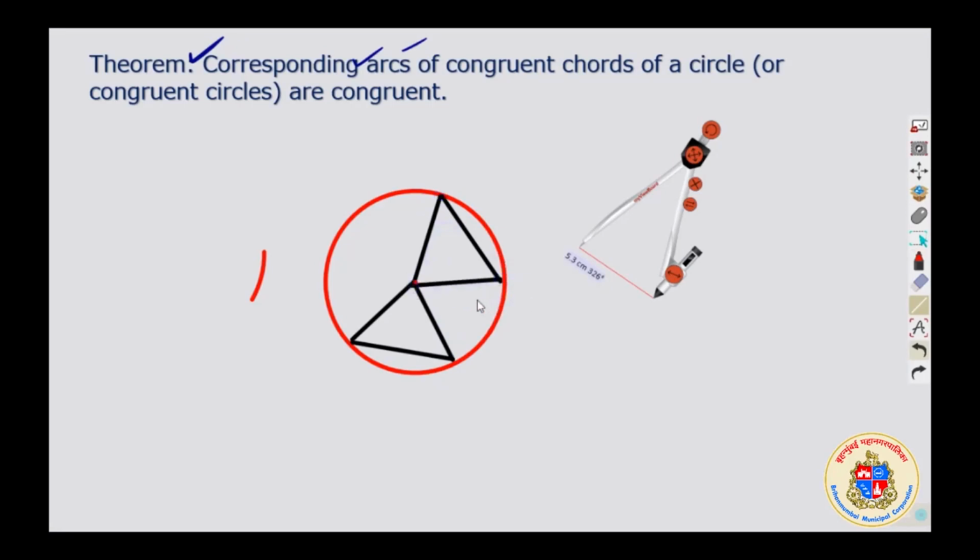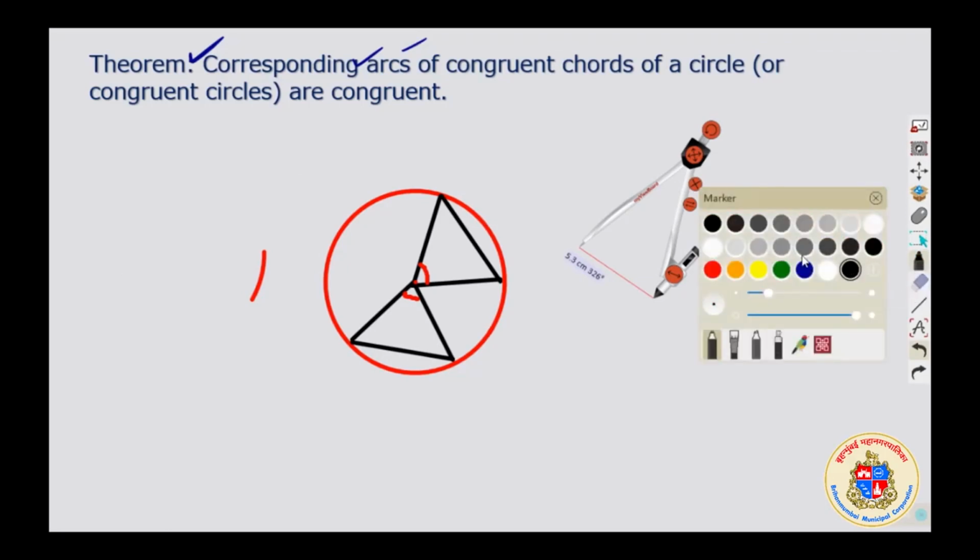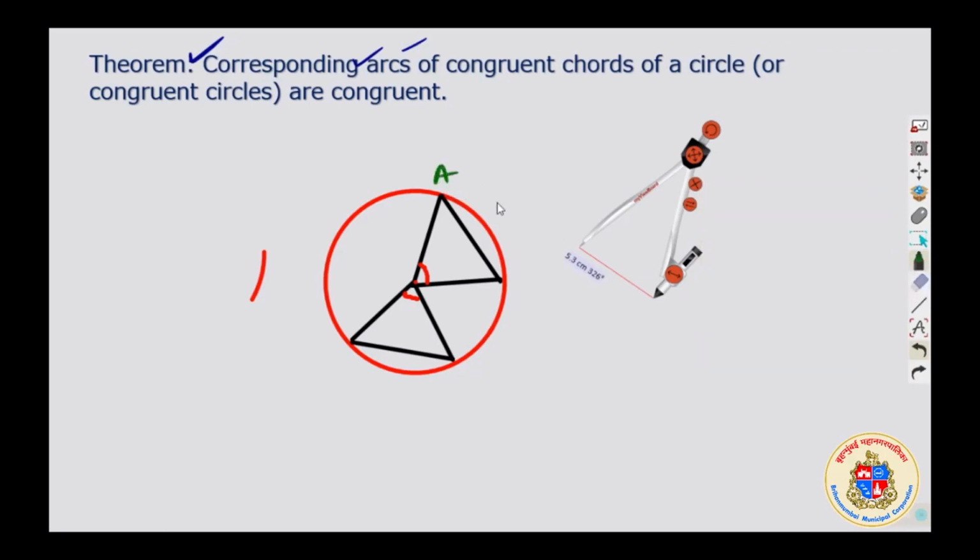Now in this situation, the theorem's argument is that this angle will be congruent to this angle. By measuring, we will get it. To prove it geometrically, I am going to name this triangle quickly and simply. Let me name the triangle as AB and the center C, and this as D and this as E.